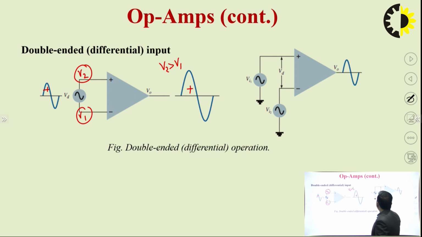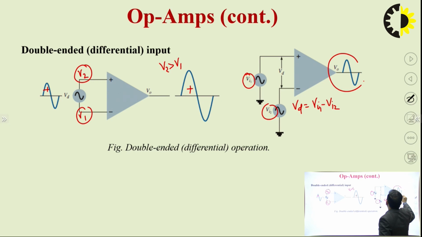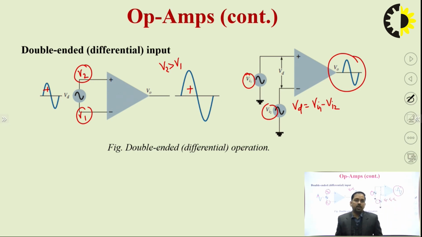So the representation here is Vi1 and Vi2, and Vd equals Vi1 minus Vi2, and we have the output which is in phase, or which has a phase shift of 0 degree.